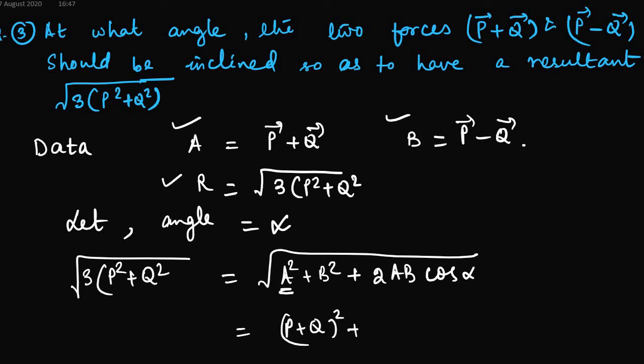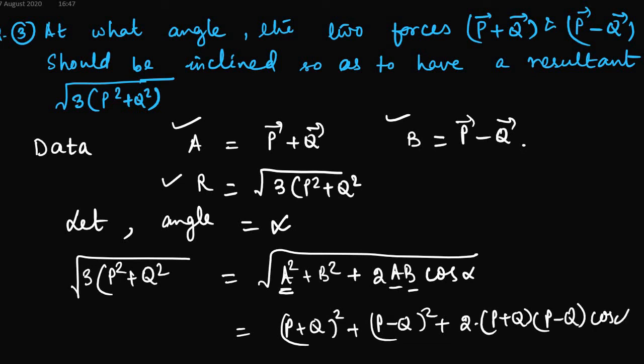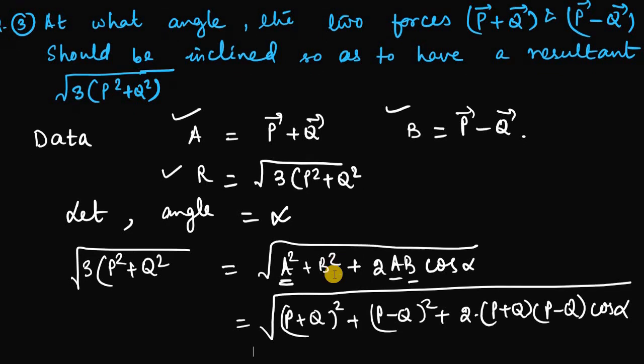And in place of B, I will write P minus Q whole square, isn't it? Then I will write 2 into P plus Q. This is not a dot product. We are just processing it as a numeral. Do not confuse it with the dot product. Then give the square root of it. Then we will start solving it.